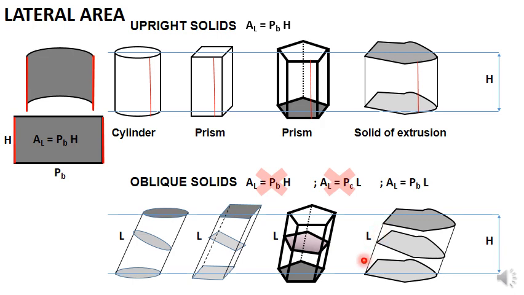In the case of this solid of extrusion, how do we compute its perimeter? In this case, we will use a special device called a planimeter. A planimeter is a device used to measure the area of an irregularly shaped solid.